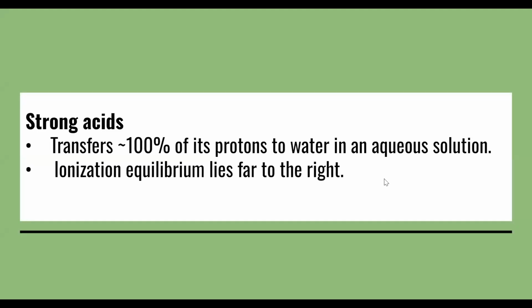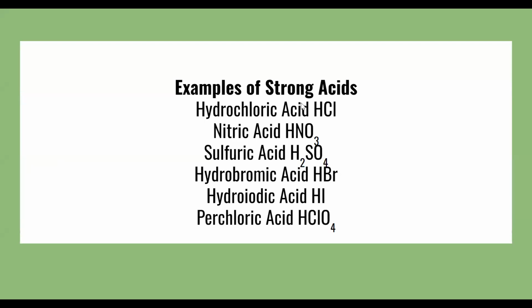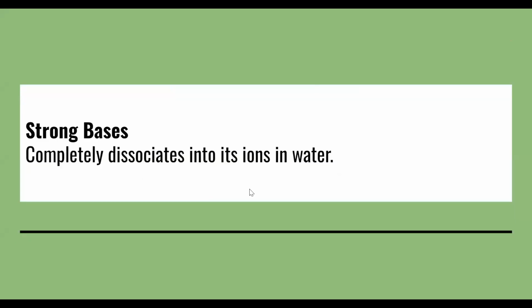So strong acids transfer 100% of their protons to water in an aqueous solution. So it's about 100% ionized. So you see this thing lies far to the right. Then examples of strong acids are this. Strong bases completely dissociate into their ions in water.